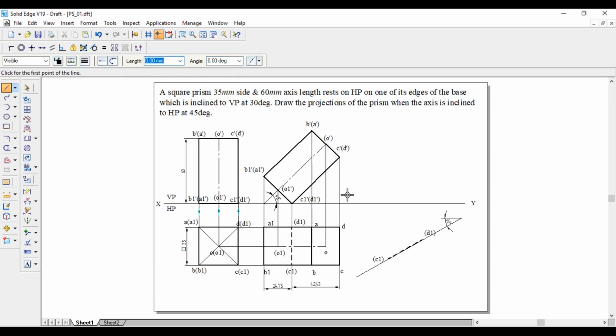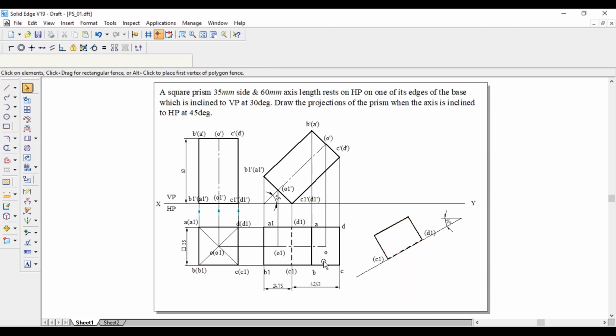From C1 endpoint, draw a line perpendicular to this C1 D1. Length should be 24.75 mm. Similarly, from D1, 24.75 mm. Join this one. That is left side of C1 D1. So this is B1, whereas this one is A1.